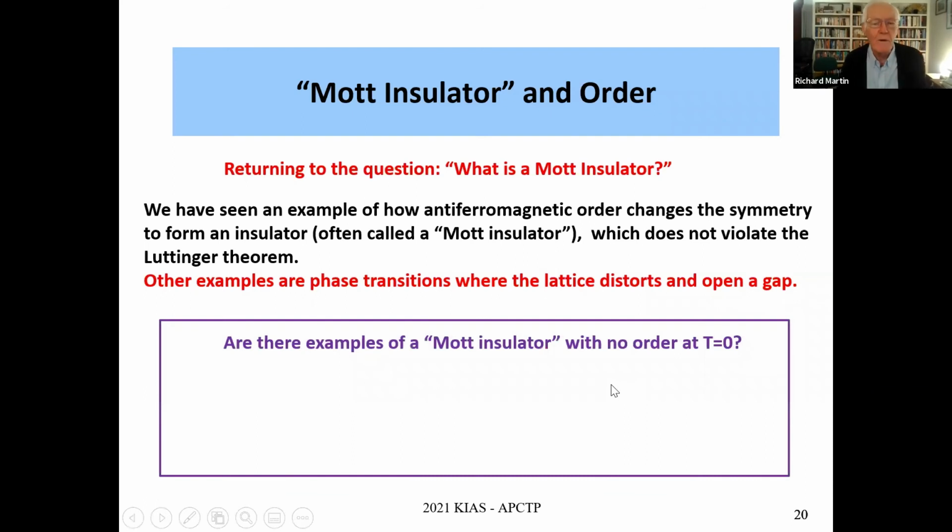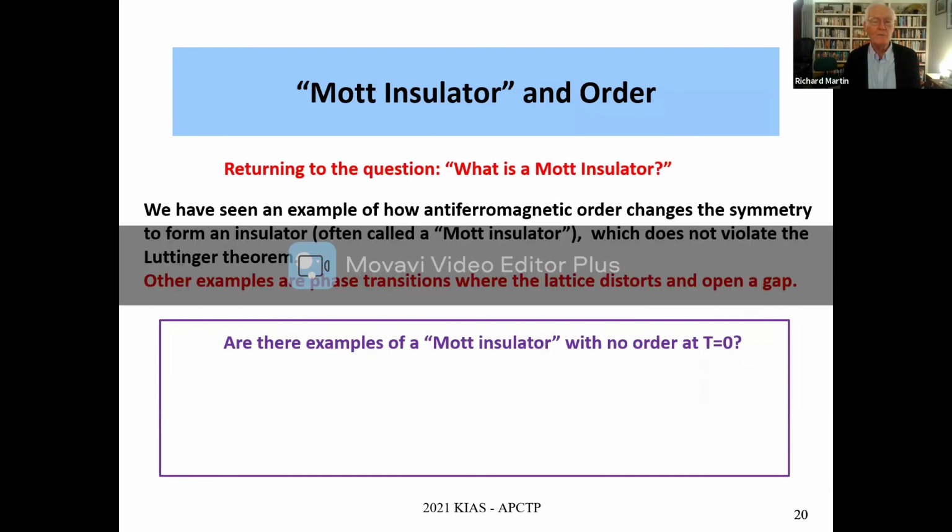Are there any examples of a Mott insulator that does not have any order at T equals 0? Like a system with an odd number of electrons that becomes an insulator without doing anything else.